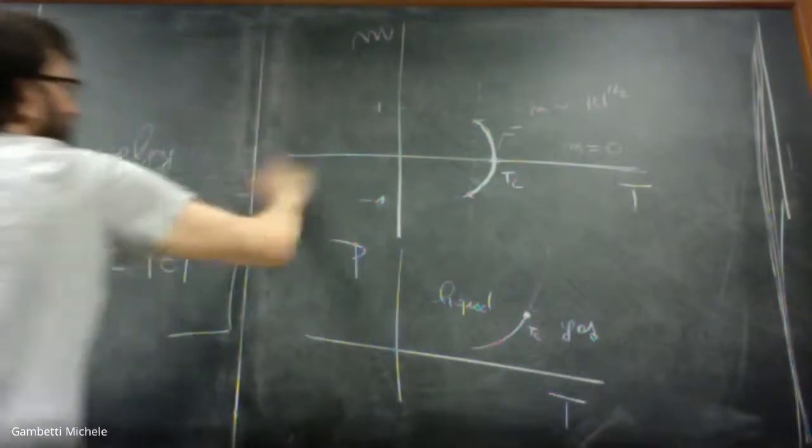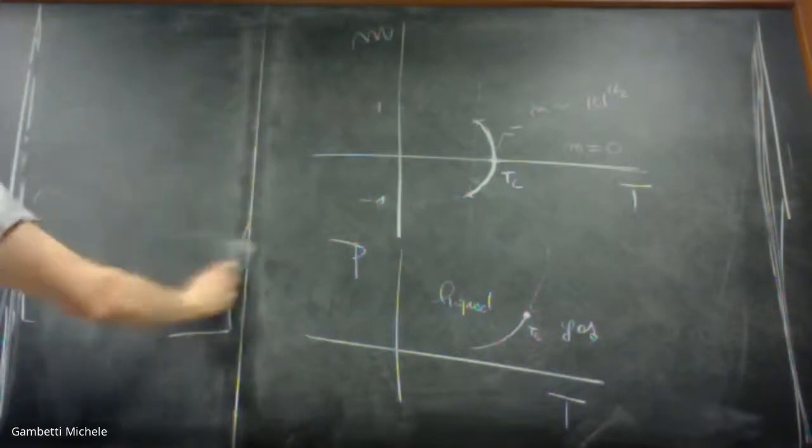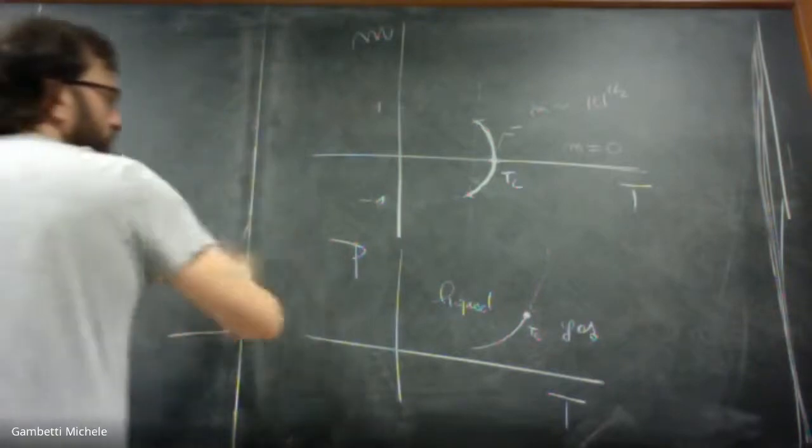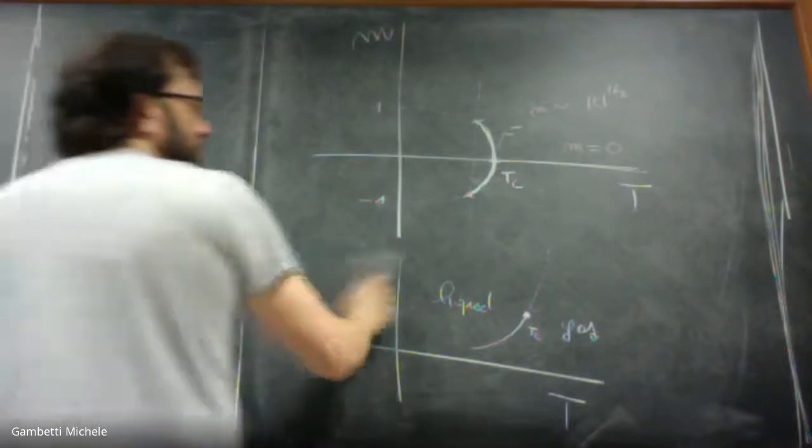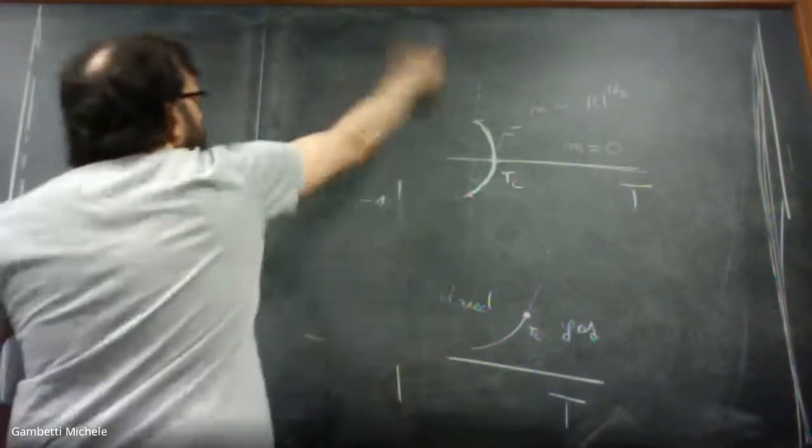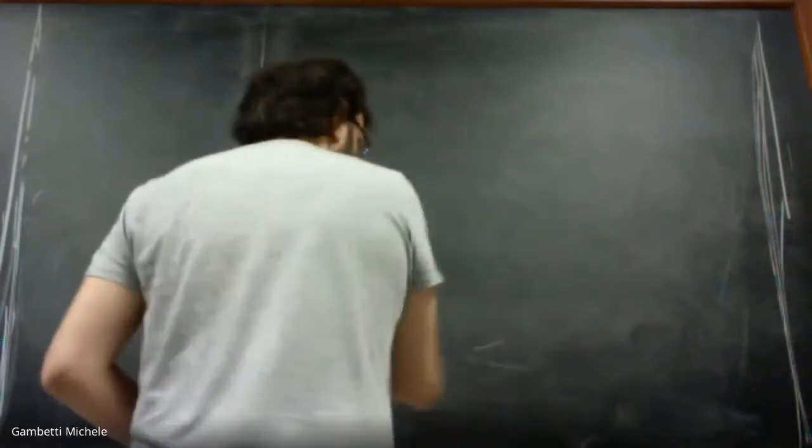h is different from 0, so if the external field is different from 0. Now I remind you that here we are studying the case in which the external magnetic field is 0.